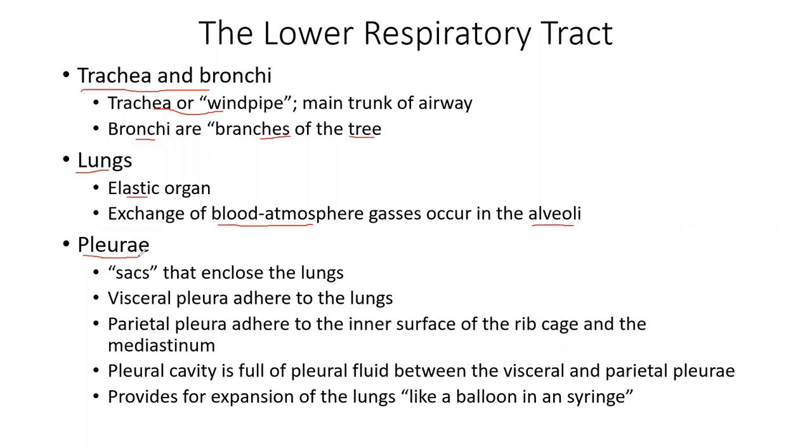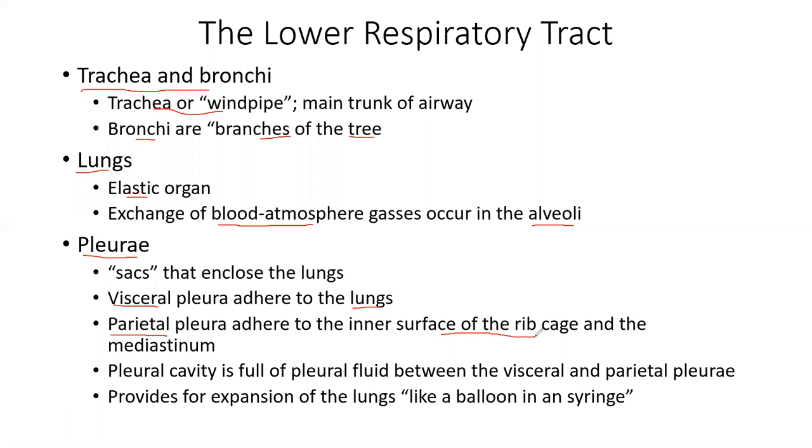If you remember early on in the semester, the pleurae is the cavity that holds the lungs. It's double layered, so it has the visceral and the parietal. The visceral pleurae is attached to the lungs, and the parietal pleurae is on the inner surface of the rib cage.